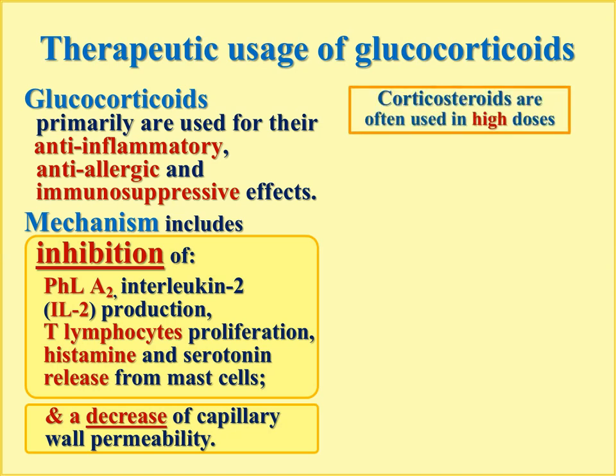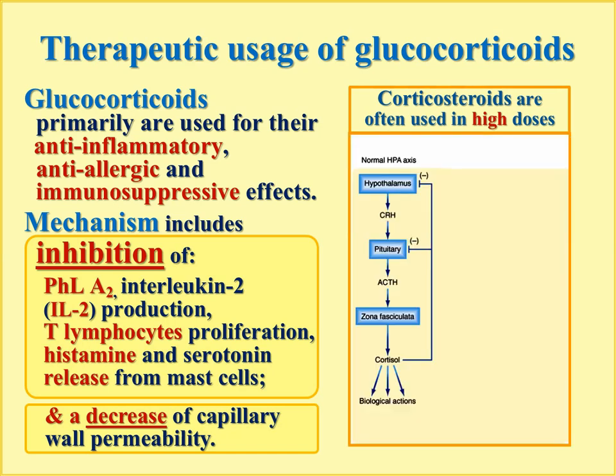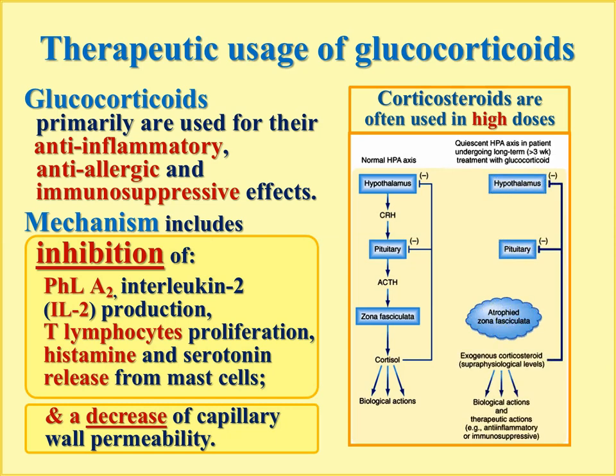And here you should understand that very often corticosteroids are used in very high doses. Here now you can observe normal hypothalamus, pituitary, adrenal axis, when normal cortisol produces its normal biological action and by negative feedback keeps normal CRH and ACTH. Now let's observe what may happen in case of high doses of hormones, and they can be used for a very, very long time.